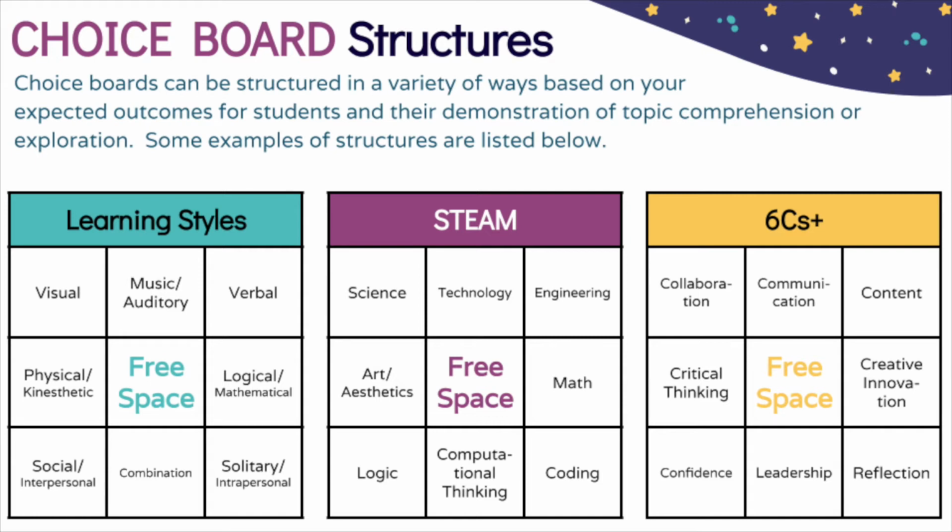So what I like to do if I'm not using a MakerMat style, where I'm giving students vocab words or items from our theme to create, is I try and align my choice boards with either learning styles, relate it back to STEAM concepts, or what I call the 6 C's plus of the communication, collaboration, content, critical thinking, creative innovation, and confidence, but then also add in leadership and reflection.